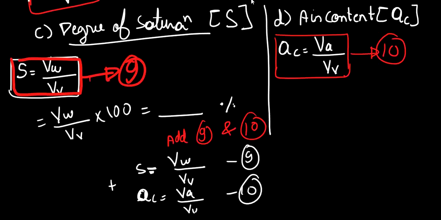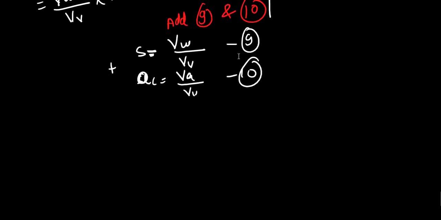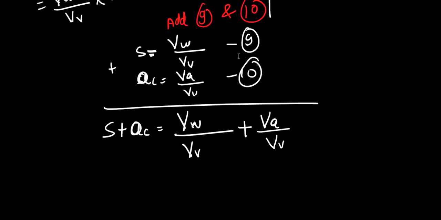Now if I just add the two, what I will get on the LHS is S plus AC is equal to VW, that is volume of water upon volume of void, plus volume of air upon volume of void.